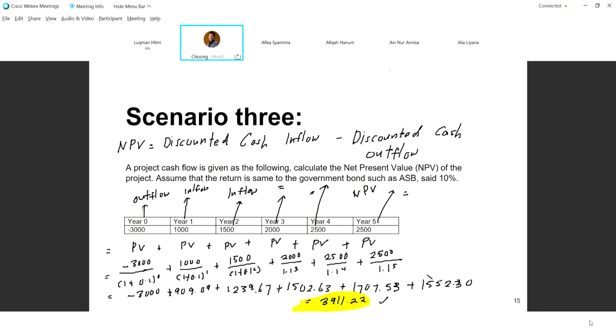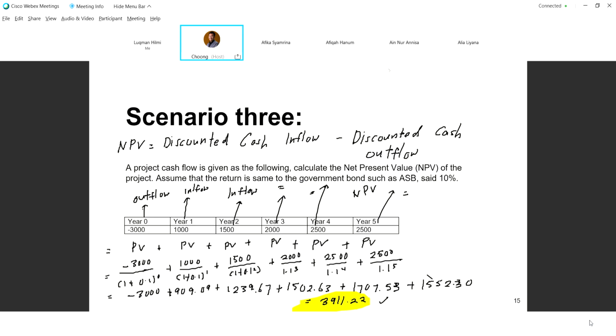Doesn't matter. So NPV, again, let me emphasize that you want to get a positive NPV. Lebih besar your nilai NPV tu lebih bagus lah. Katakan yang ni adalah project A, project jual pisang goreng. You ada project B, project jual burger. Your project B, let's say your NPV is 10,000. Then go for the 10,000 one because your profit is better.